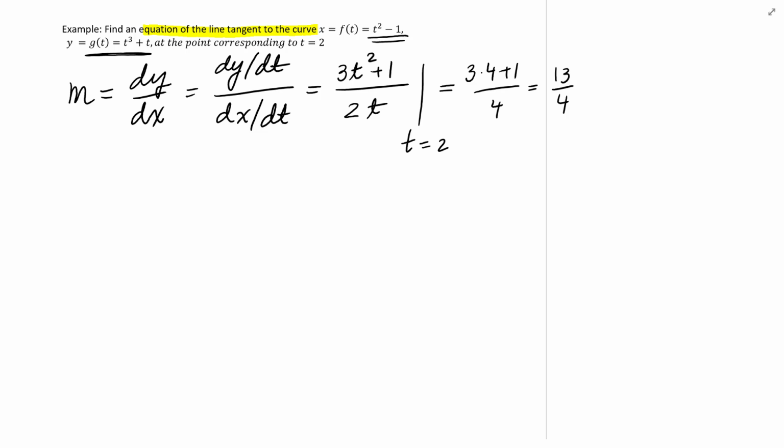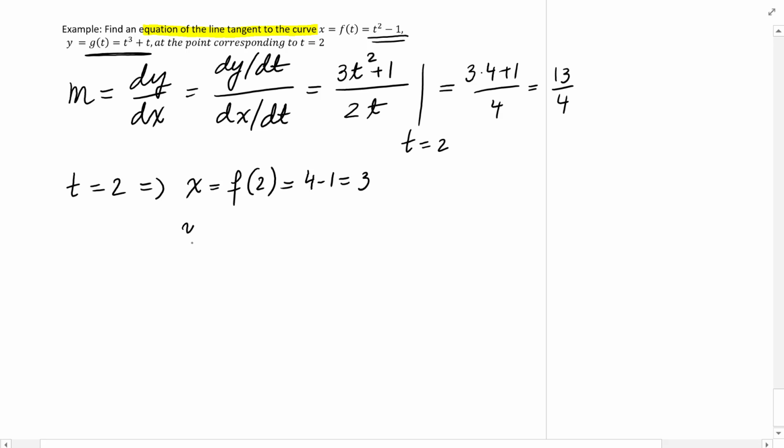And now we are going to use the equation of a line passing through a point given a slope. When t equals 2, then x equals f of 2 equals 4 minus 1, which is 3, and y equals g of 2, which is 2 to the third plus 2, so that is 10.